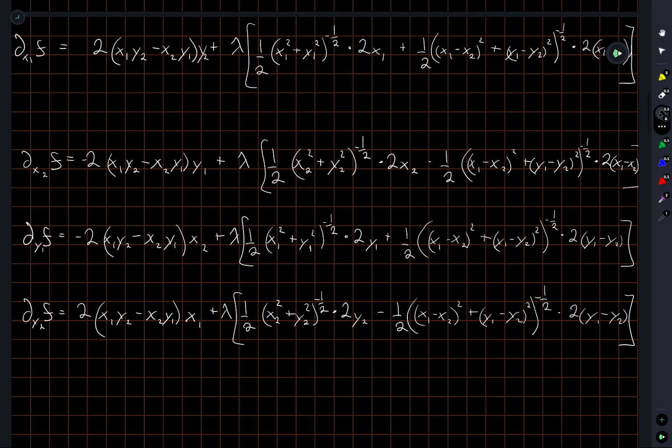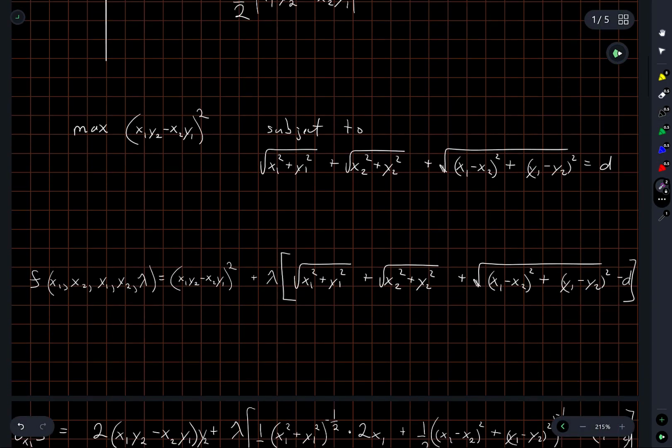And I also have my constraint on the total perimeter. Is there a way that I can, so I have, and what I want to show is that these quantities here are equal.